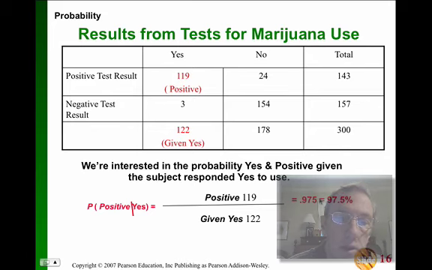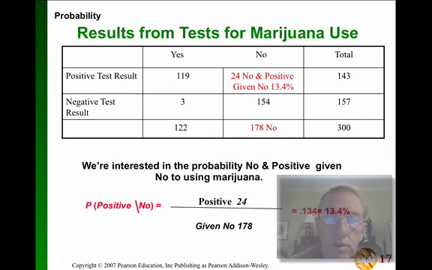So if someone is a yes to usage, the likelihood they'll test positive is 97.5%. If someone is no to usage, given no, that's why I put that 178 in the denominator, what's the likelihood of a positive outcome? 13.4%.